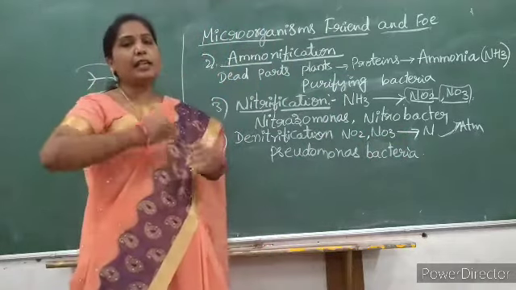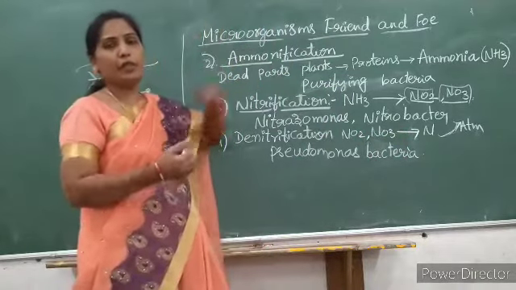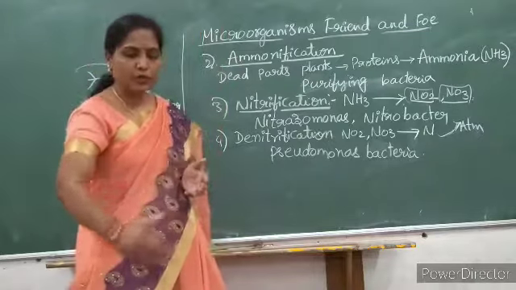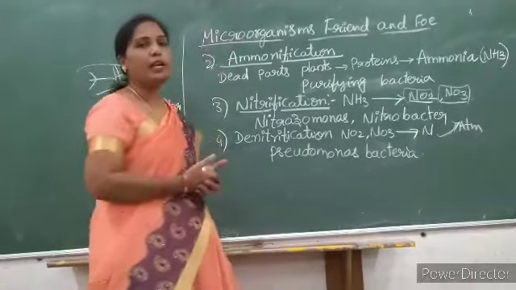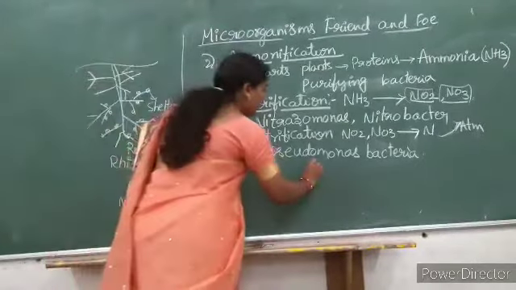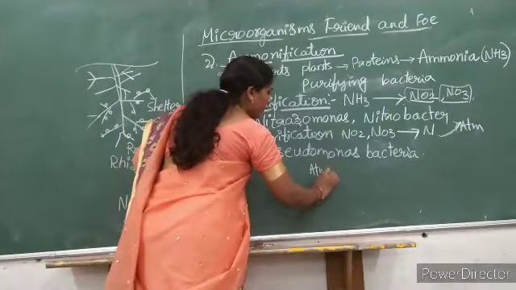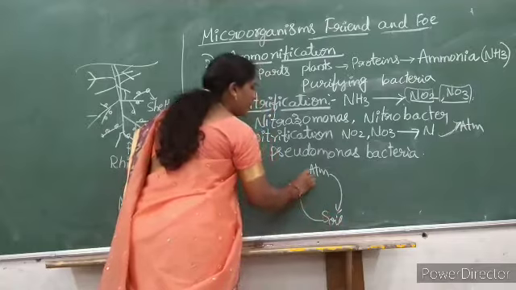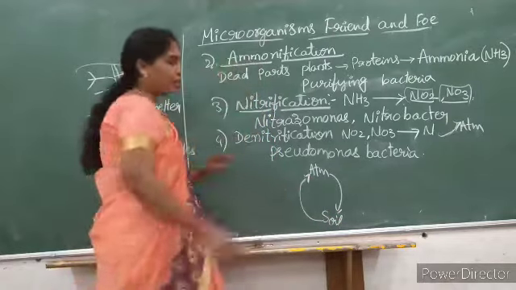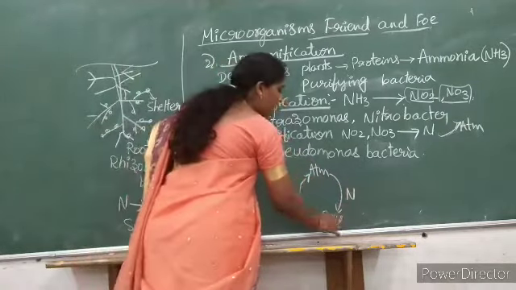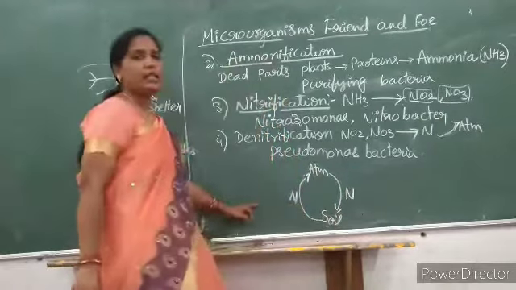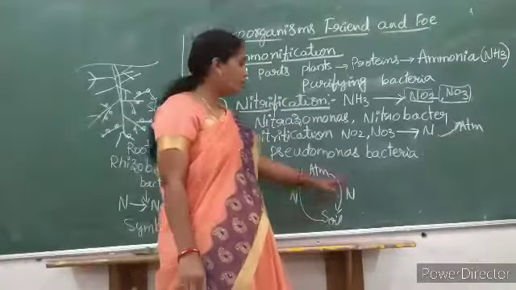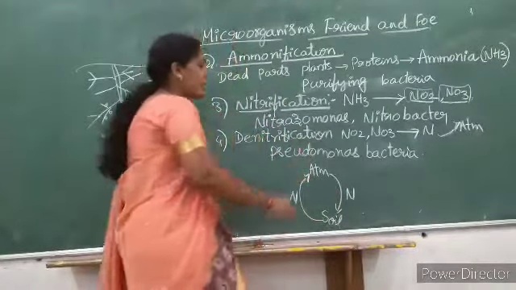So it is a cyclic process. From the atmosphere they came to the soil, and from the soil they go back to the atmosphere. What is traveling, atmosphere to soil, soil to atmosphere? Nitrogen is traveling. Who is helping in this process?